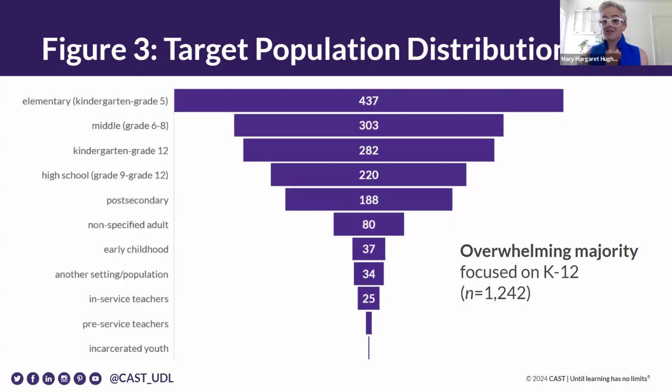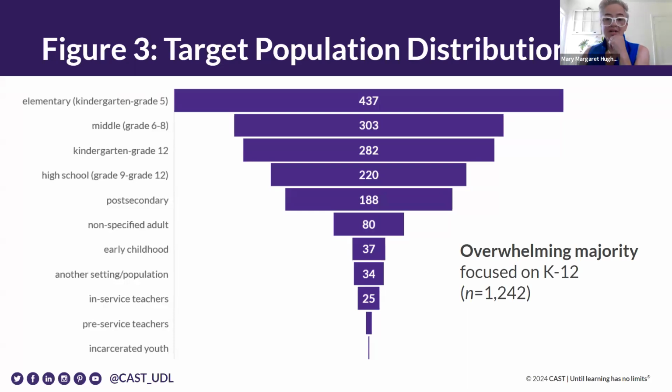Elementary was defined as kindergarten through 5th grade, and that was most frequently represented, followed by middle school, defined as 6 to 8. Then that's followed by broad K-12, which targeted K-12 specifically but within that, no age group specifically.